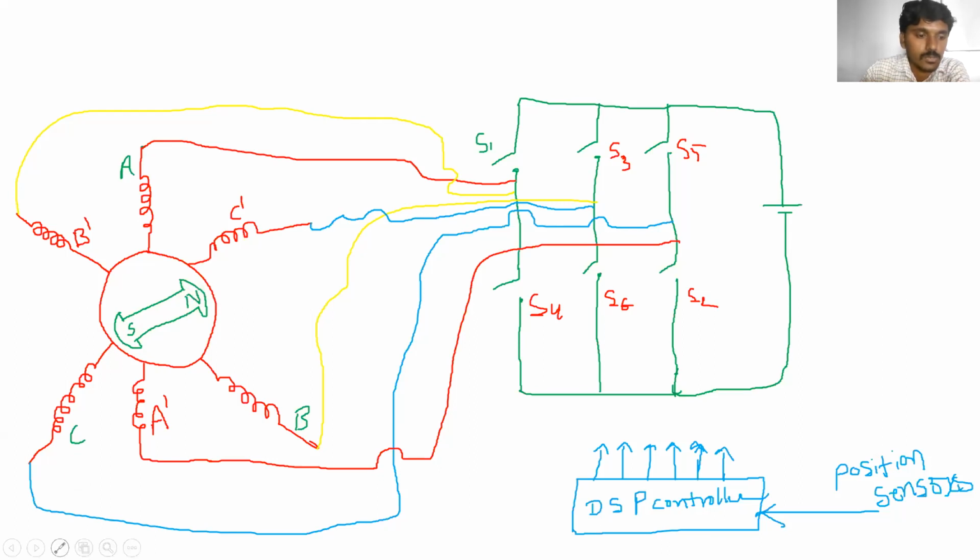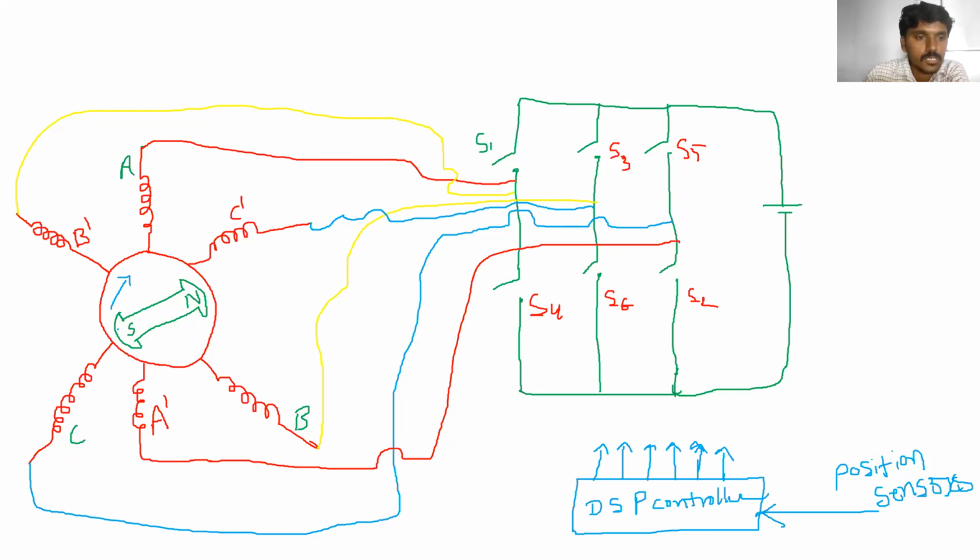So if you want to rotate this rotor in this direction, what do we have to do? We have to excite the A coil. We have to give the supply to coil A or winding A. Clear? Why? Because here the rotor position is in this position.